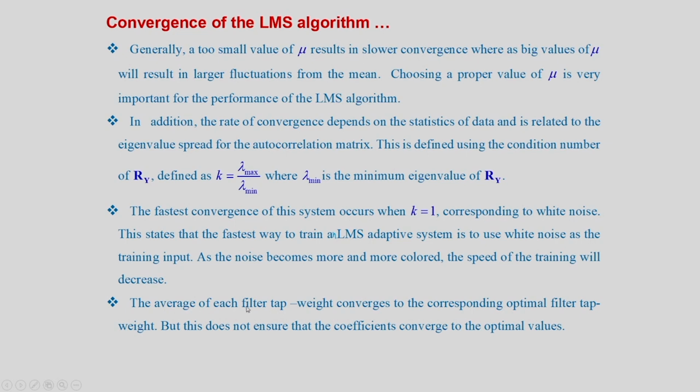The average of each filter tap weight converges to the corresponding optimal filter tap weight, but this does not ensure that the coefficients converge to the optimal value, because only the average part is converging. We have to consider the fluctuating part also.